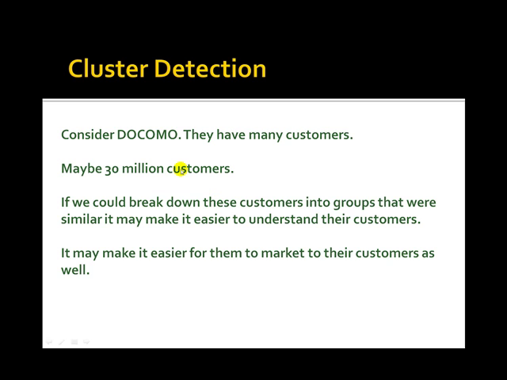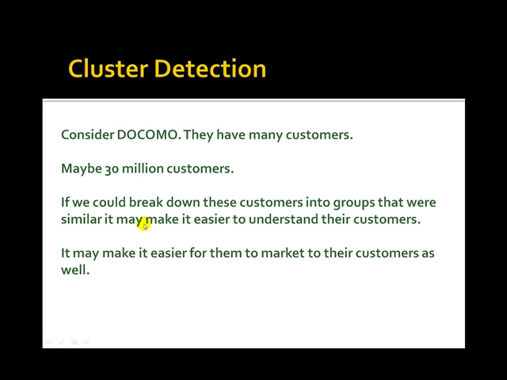Consider Docomo. Everybody knows the Japanese phone company. They have many customers, maybe 30 million customers. If we could break down these customers into groups that were similar, it may make it easier to understand their customers, and easier for them to market to their customers as well.